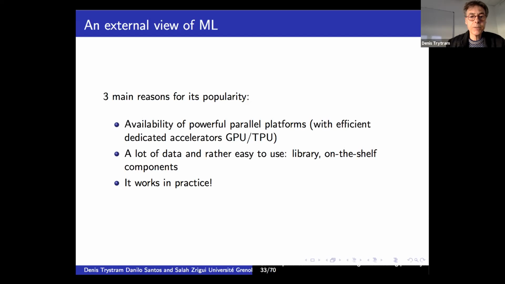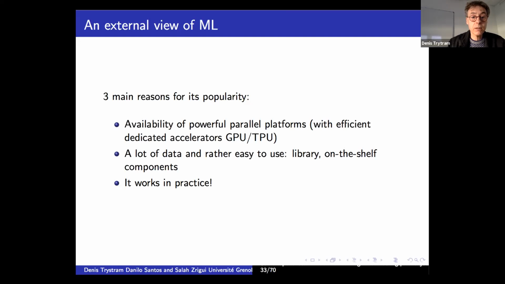And there is also a lot of data available, which is very good for machine learning, because the more data, the better the analysis. And it is very easy to use. There are efficient libraries, off-the-shelf components, so you don't even have to develop anything. Just take from the web, and you run random forest, support vector machines, or whatever, even neural networks.